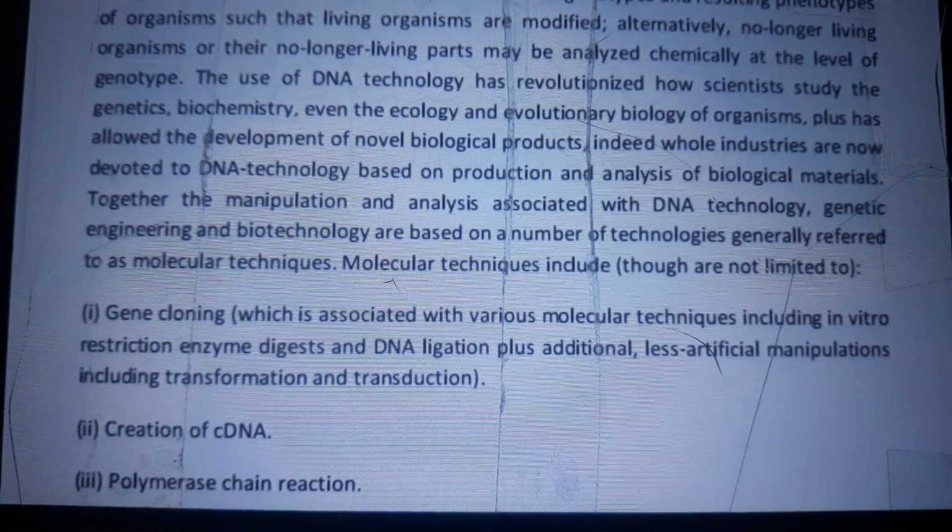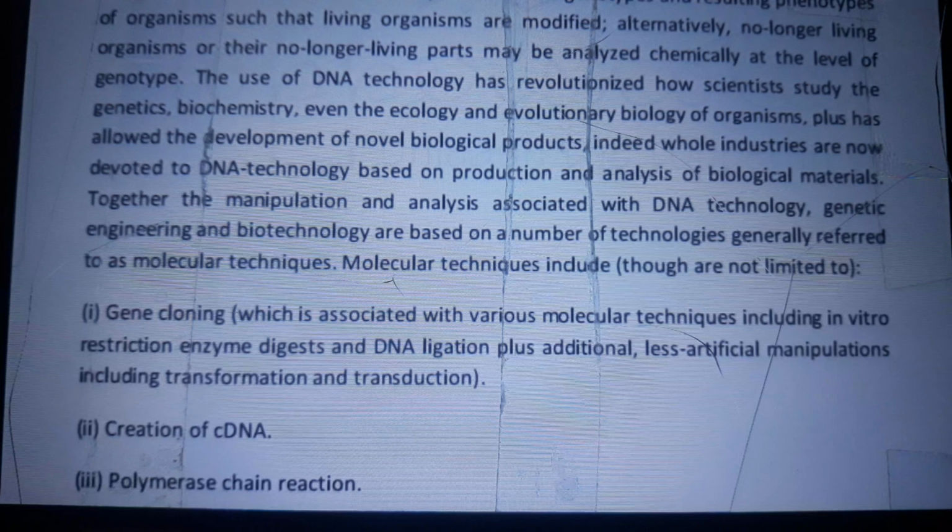The use of DNA technology has revolutionized how scientists study the genetics, biochemistry, even the ecology and evolutionary biology of organisms, plus has allowed the development of novel biological products. Indeed, whole industries are now devoted to DNA technology based on production and analysis of biological materials.